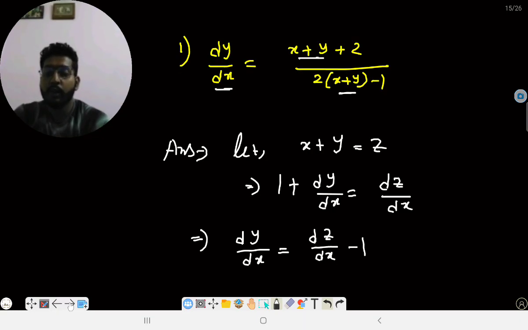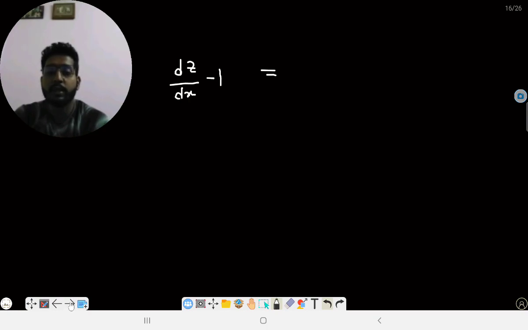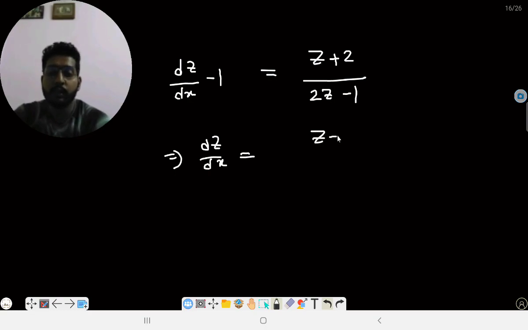On the right hand side, what is the value? x plus y. Look here, the value of x plus y is z. So that will be (z + 2)/(2z - 1). Now the minus 1 goes to the other side and becomes plus 1, so dz/dx = (z + 2)/(2z - 1) + 1.